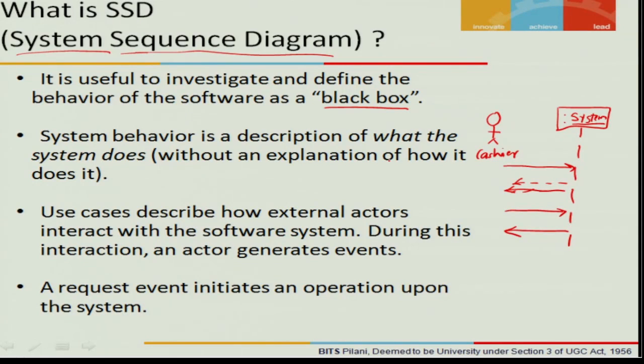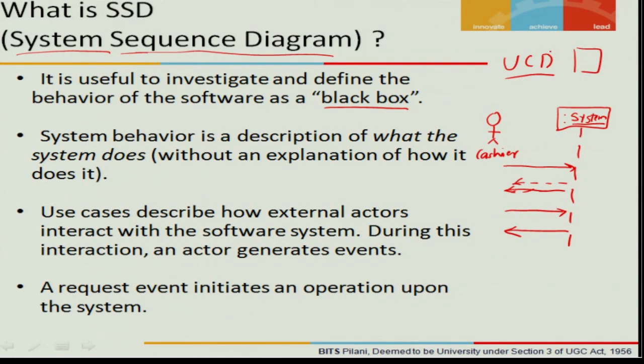Now whenever we say the system interacts with the outside world, in the UCD also we said the same thing, but there is a difference. In the UCD we said that it shows how different actors are interacting with different scenarios within the system.